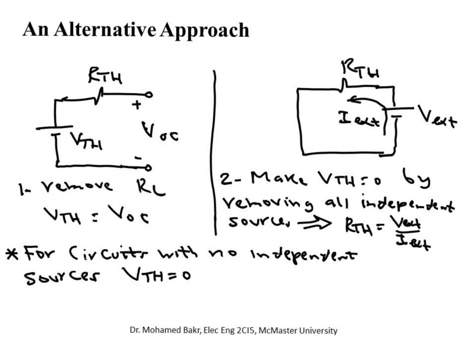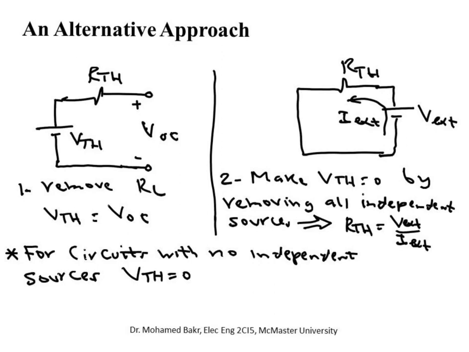Okay, there is another approach we can use to calculate the Thevenin parameters. The first one would still require you to create an open circuit at the output port as shown here, so this is the open circuit voltage. The second one does not require you to create a short circuit, but it does something very interesting.